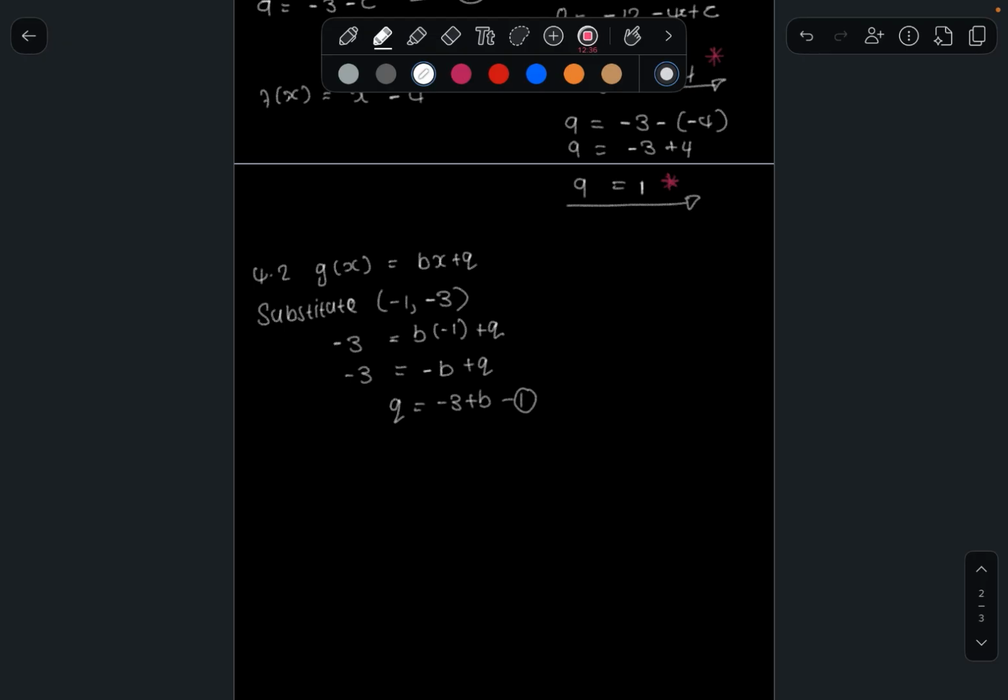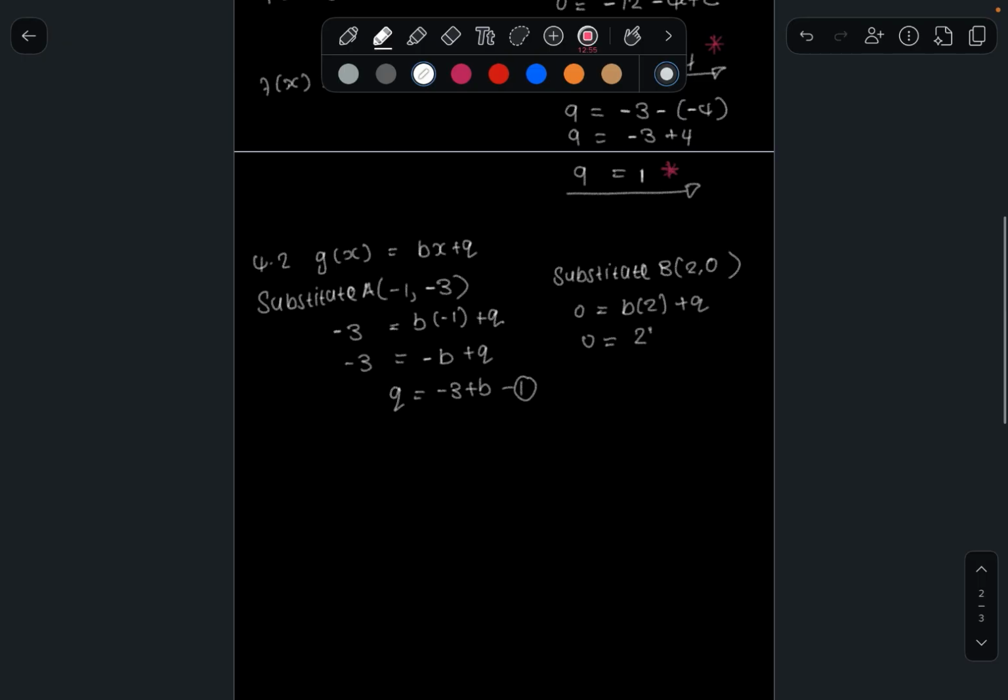Okay, side by side, substitute. This is point A, this is point B, 2, 0. 0 equals b times 2 plus q, 0 equals 2b plus q. 0 is equals to 2b plus negative 3 plus b.